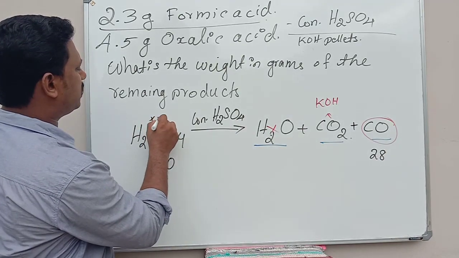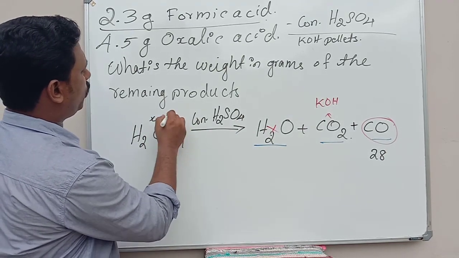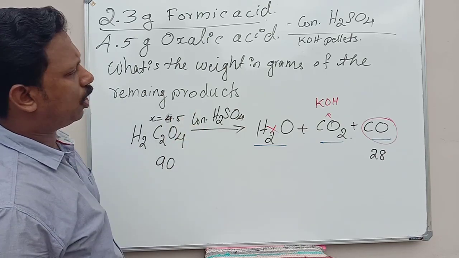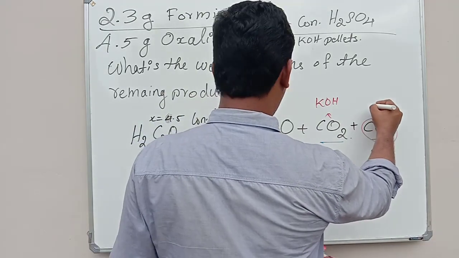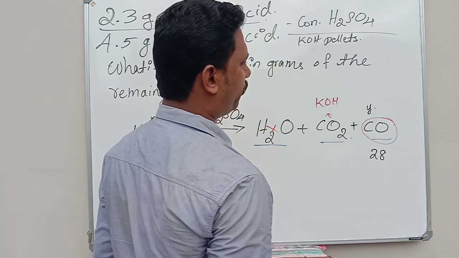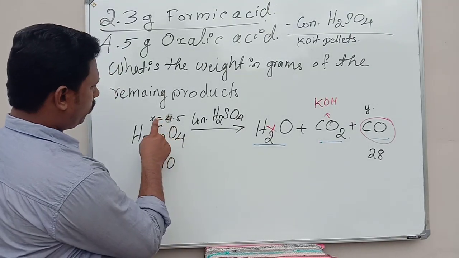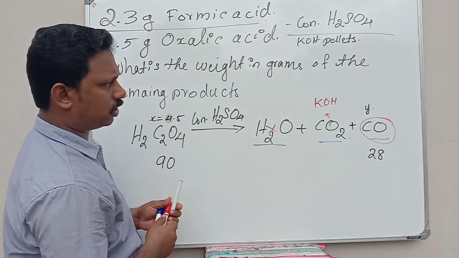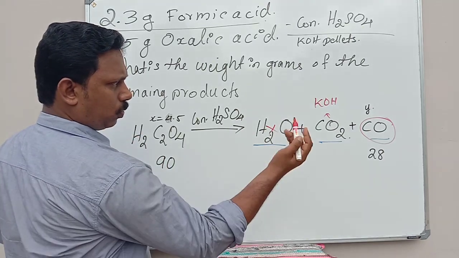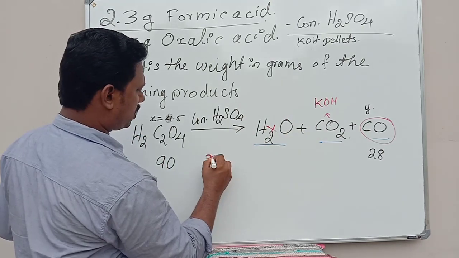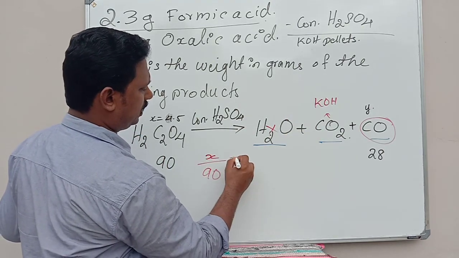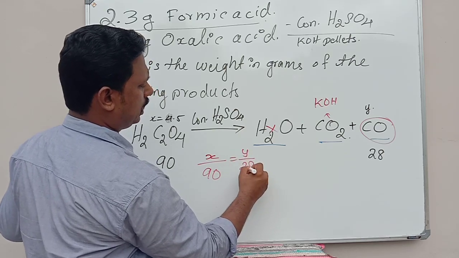So if you take X grams, that is 4.5 grams of oxalic acid, that will form Y grams of CO. Now we are solving, X is equal to 4.5, Y is what we have to find. So X by 90 is equal to Y by 28.